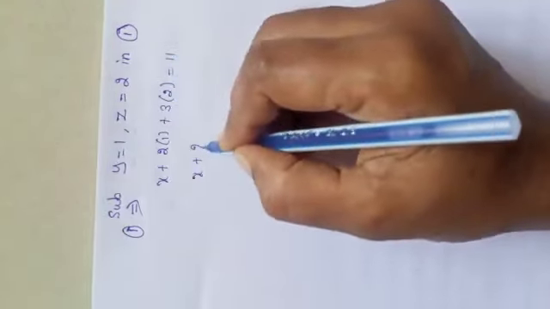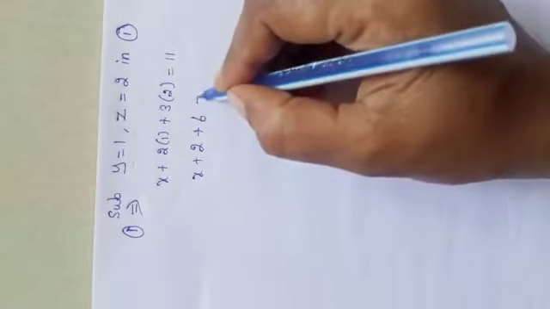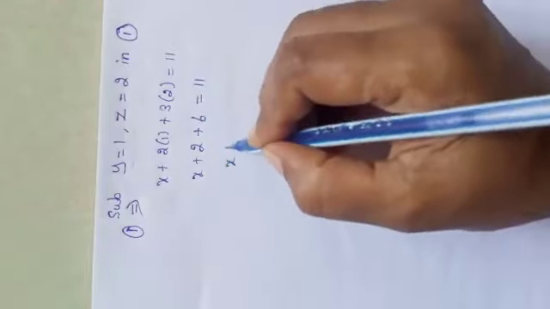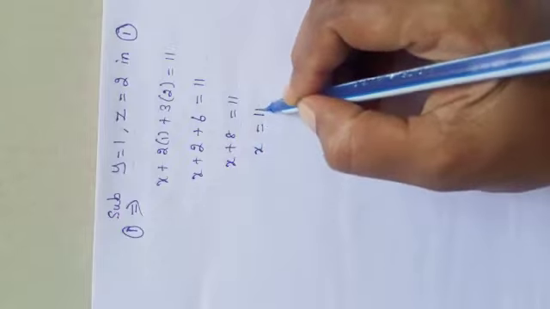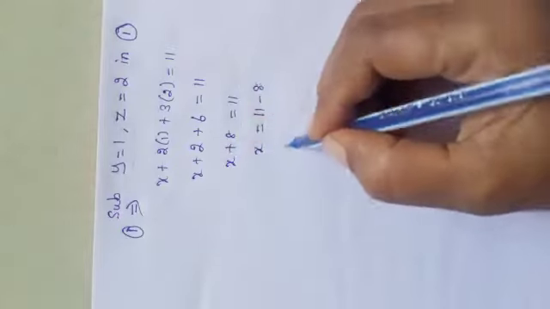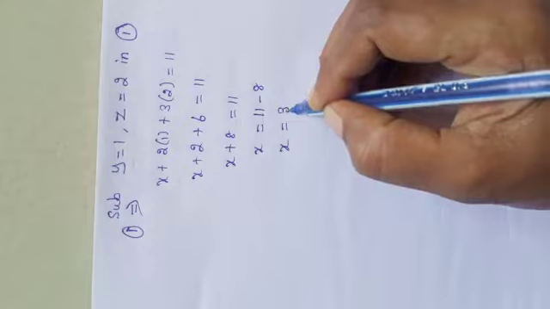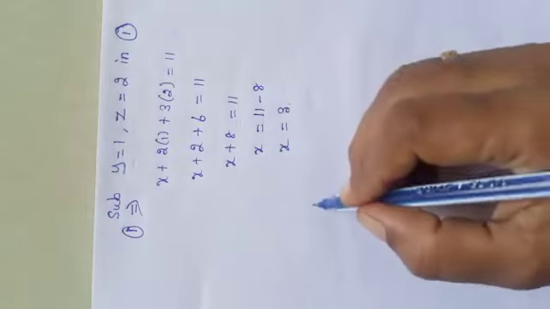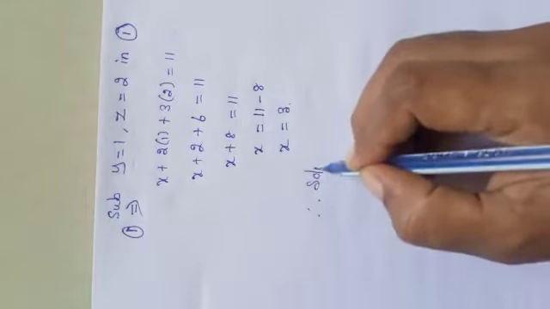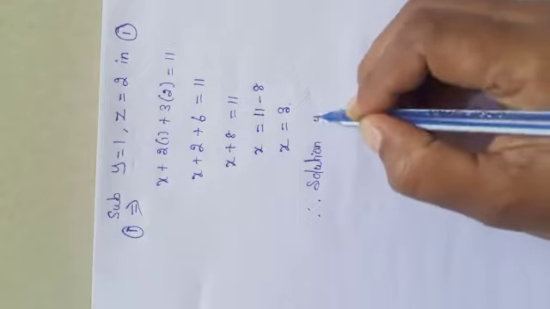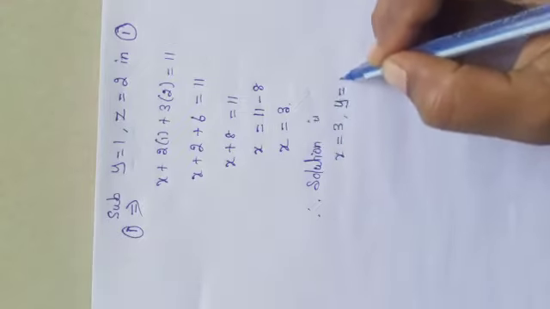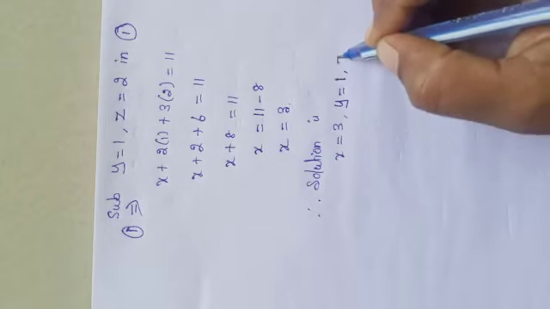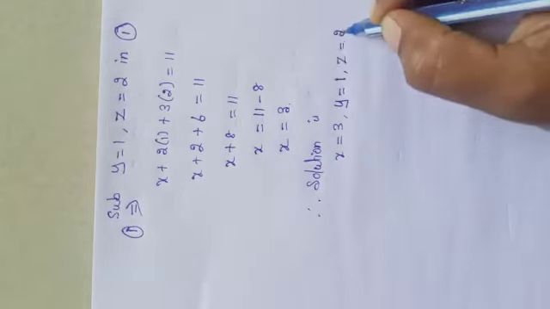So x plus 2 plus 6 is equal to 11. x plus 8 is equal to 11, or x is equal to 11 minus 8. So we are getting x is equal to 3. Therefore, the solution is x equal to 3, y is equal to 1 and z is equal to 2.